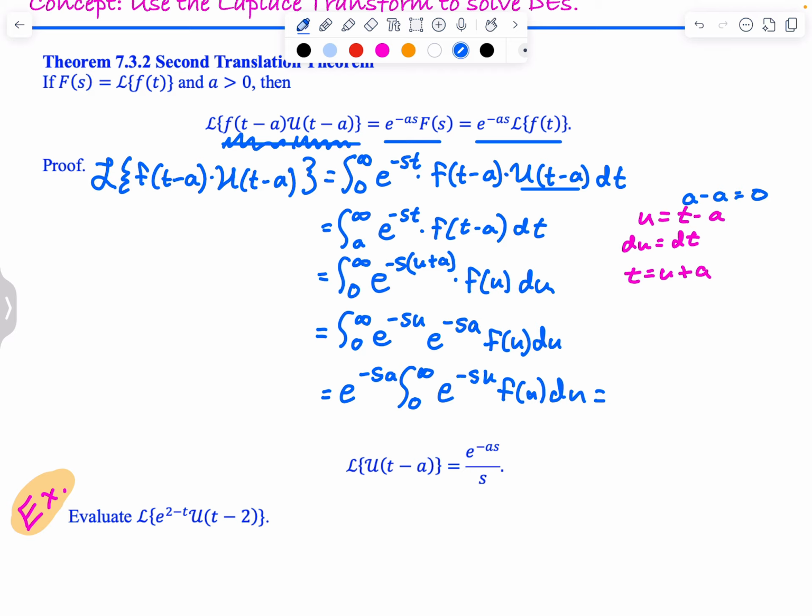Okay, that is equal to, we have an e to the negative as, the theorem says up there, so I'm going to flip them. And then that integral is actually just F of s. It's a new definition for F of s. All right, so there's how they came up with that.